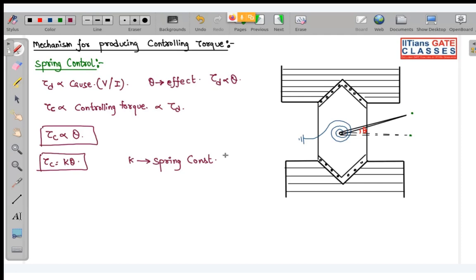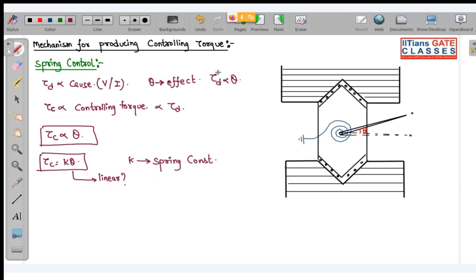And one more thing, let me ask you: is this equation linear? You are telling me linear. Very good, this equation is linear. If it is linear, then what do you think?